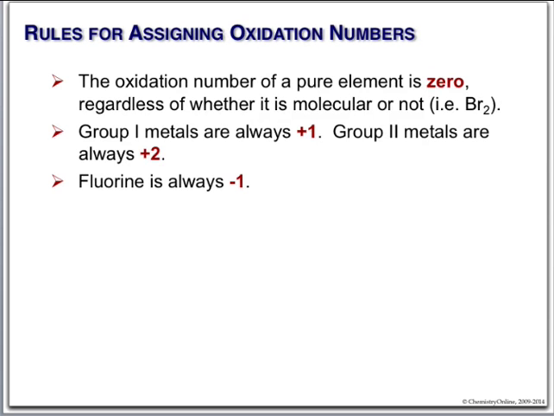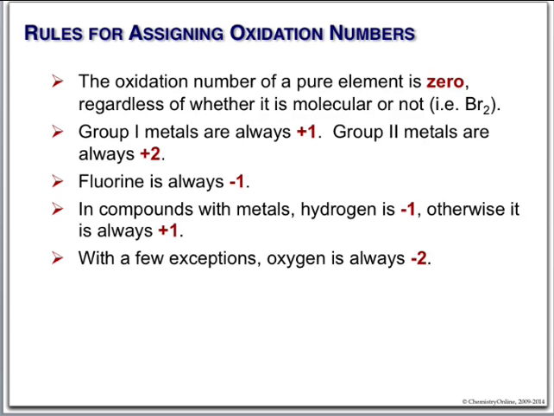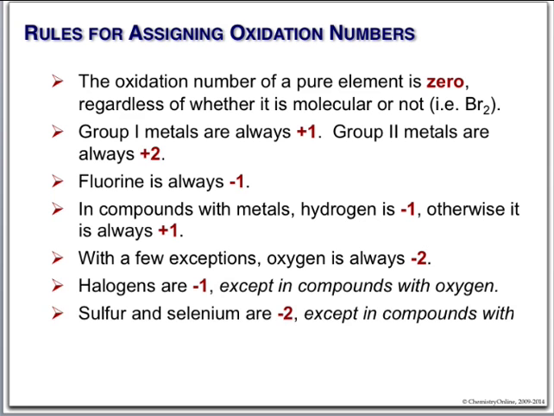If we're dealing with a pure element, it's always defined as 0 because it's exactly like it is on the periodic table. If we're in group 1 or group 2, it's always going to be 1 or 2. Fluorine, over here in group 7, is always going to be -1.